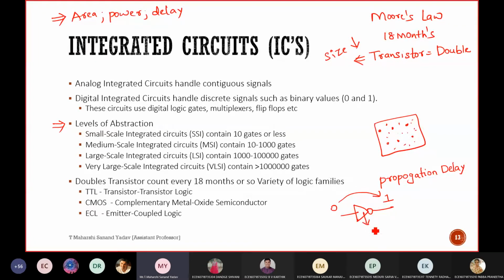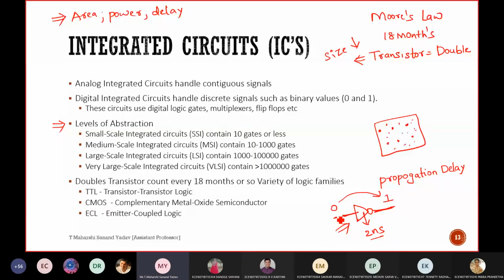Every gate will have some internal delay. Suppose I'm saying that this will have a delay of 2 nanoseconds. So after the application of input, which is 0, after 2 nanoseconds, I'll get the output. Okay, I think you don't know about all this. In digital electronics, you have just given the input and calculated the output. But here you have to calculate each and every delay. This wire will also have some internal delay.